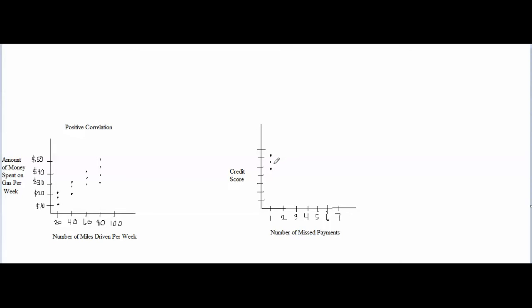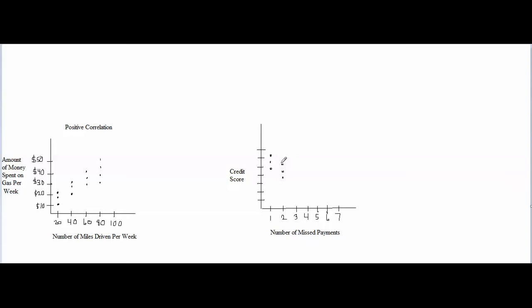And if we have some other people who tell us that they missed 2 payments this year, those people will probably have lower credit scores because their credit score is going down because of missing more payments. So these people will fall down here into a lower range of credit scores.